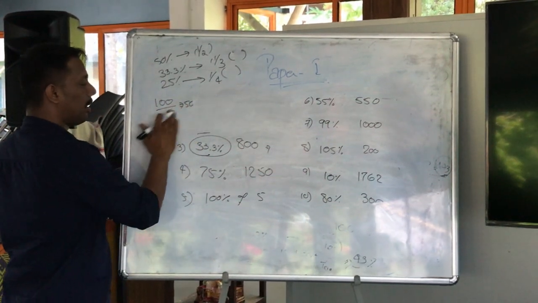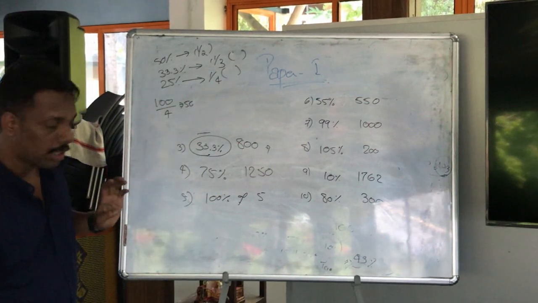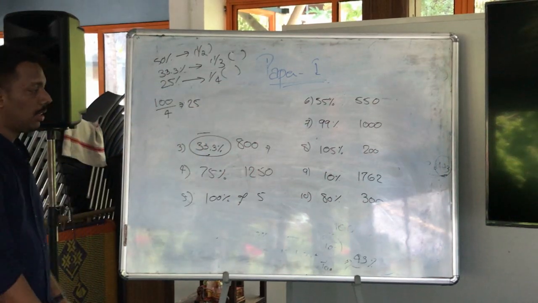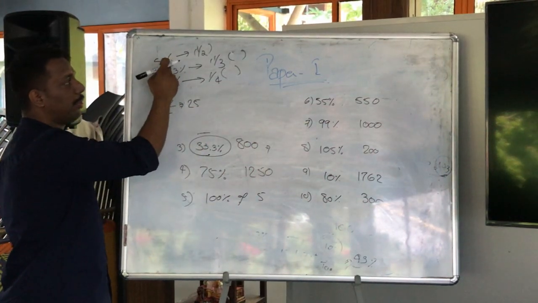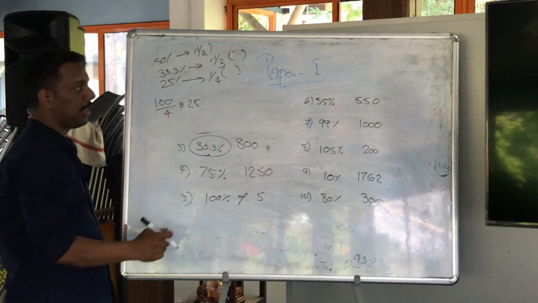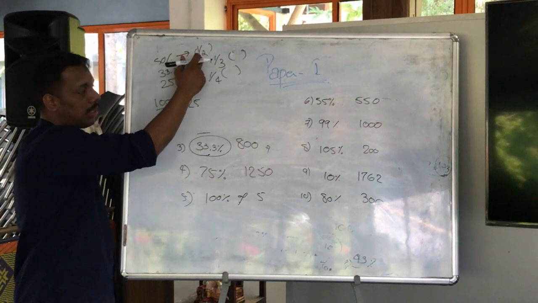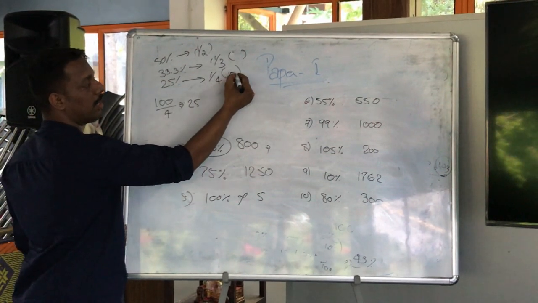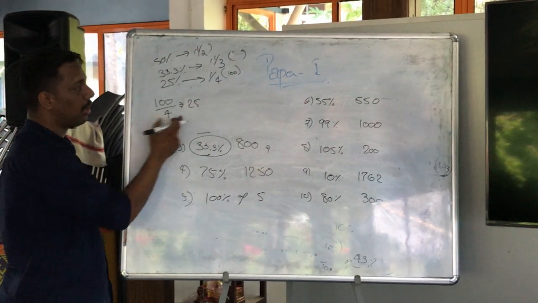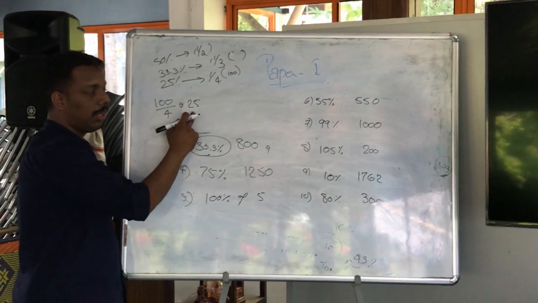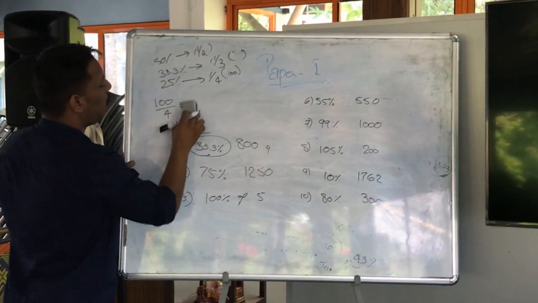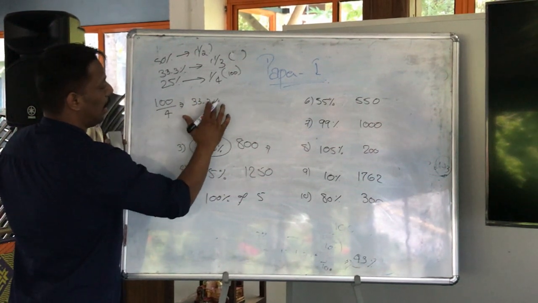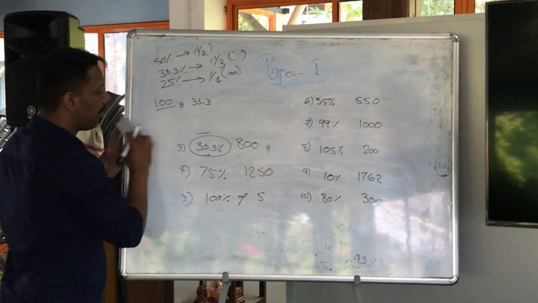If you divide 100 into 4 parts, you will get 25. The same method I am using here also. 50% is nothing but 1 by 2, which means I am dividing the 100 into 2 parts. 25% means I am dividing this 100 into 4 parts. Then you will get 25. Then how will I get 33.3%?